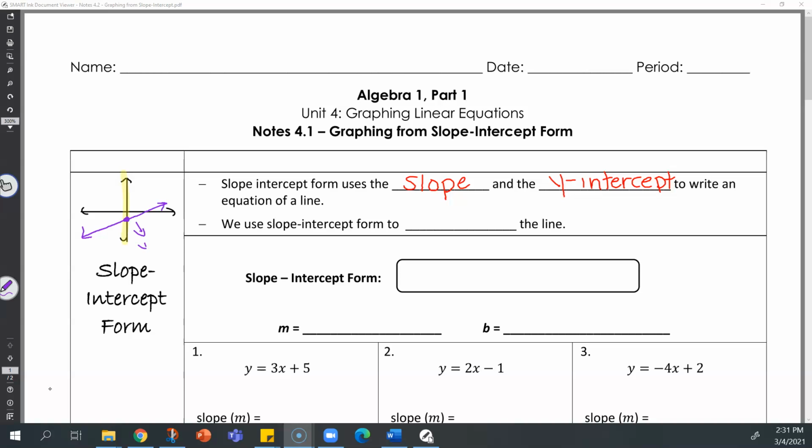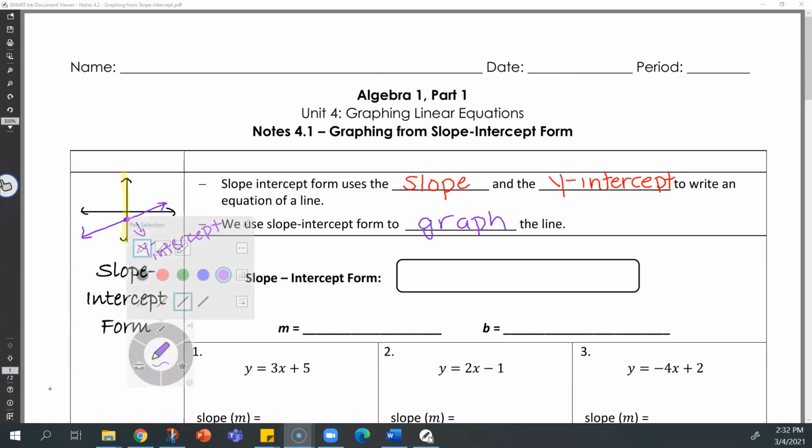So this is my y-intercept. We're going to use slope-intercept form to graph the line. There are other ways that you can graph a line given the equation, but slope-intercept form, in my opinion, is one of the easiest ways.